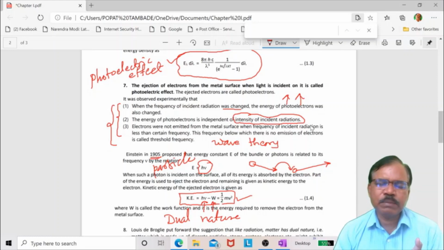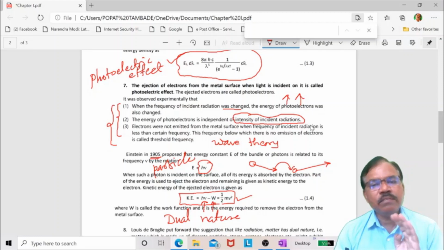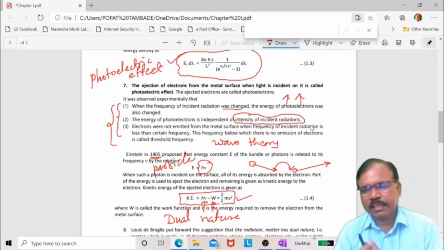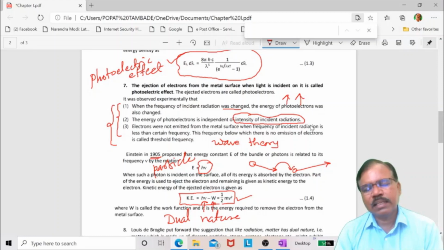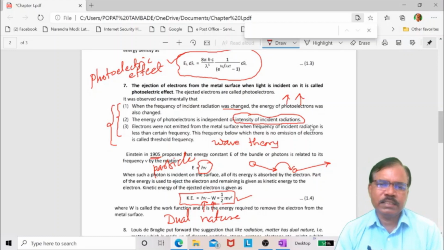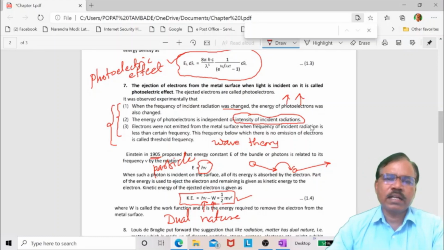For example, in experiments like polarization, diffraction, reflection, refraction, interference, in which the path traveled by the light is taken into account, the wave nature of light is used, while in experiments like photoelectric effect, Compton's effect, and so on, in which the interaction of light with material particles is taken, the particle nature of light is used. So these two natures are not contradictory to each other.